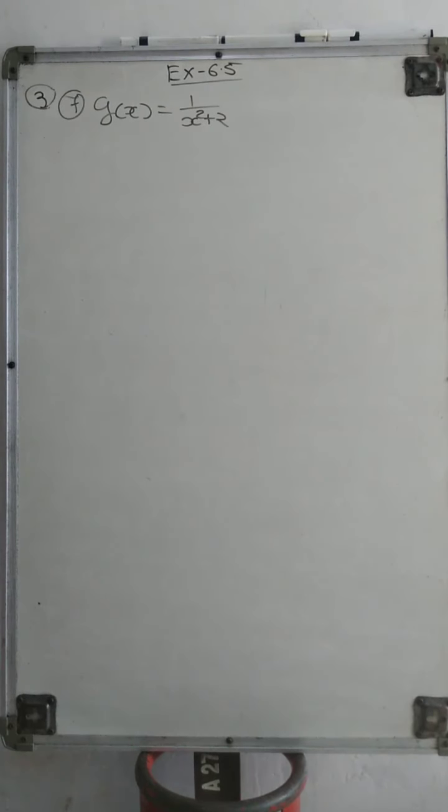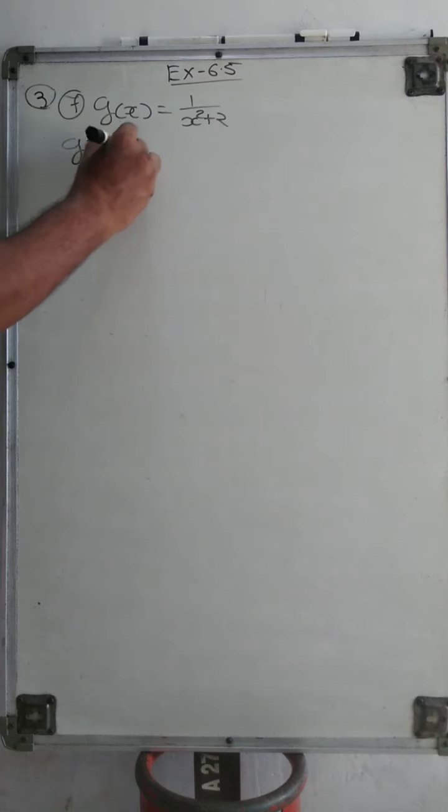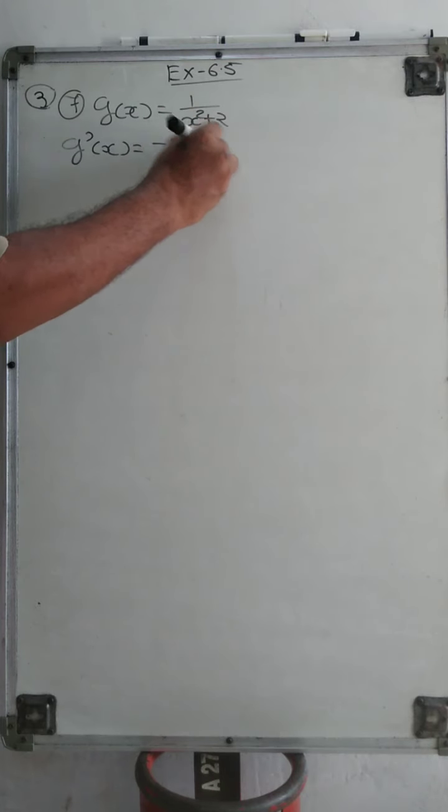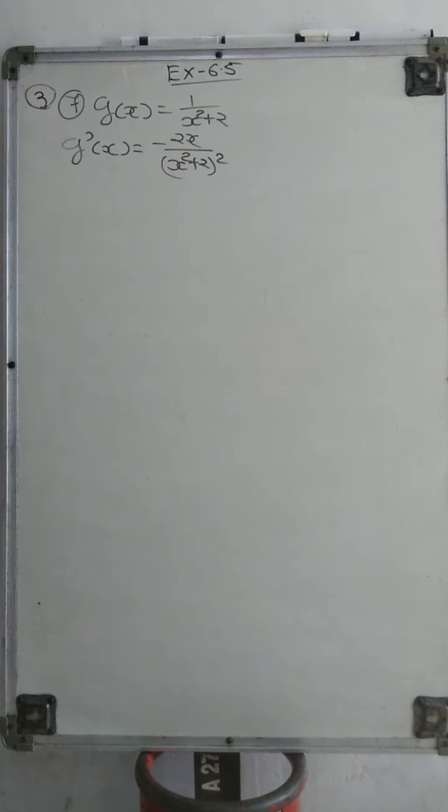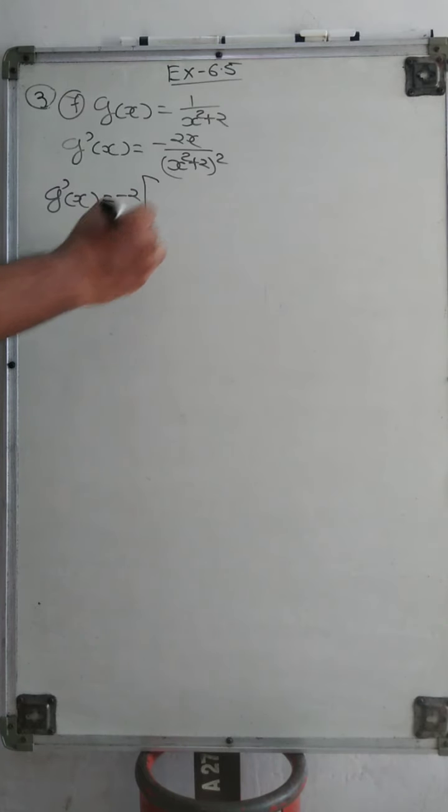Okay, next, seventh one, g(x) is equal to 1 upon x square plus 2. So here g dash x is equal to minus 2x upon (x square plus 2) whole square, right? Now we find g double dash x. It is quite difficult, but minus 2 we take outside.